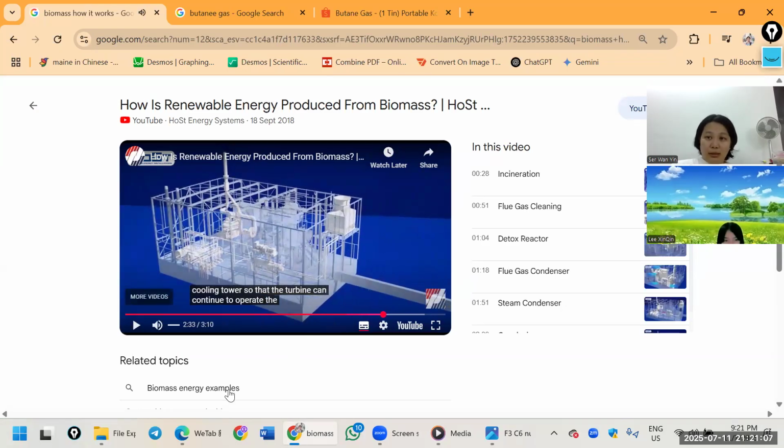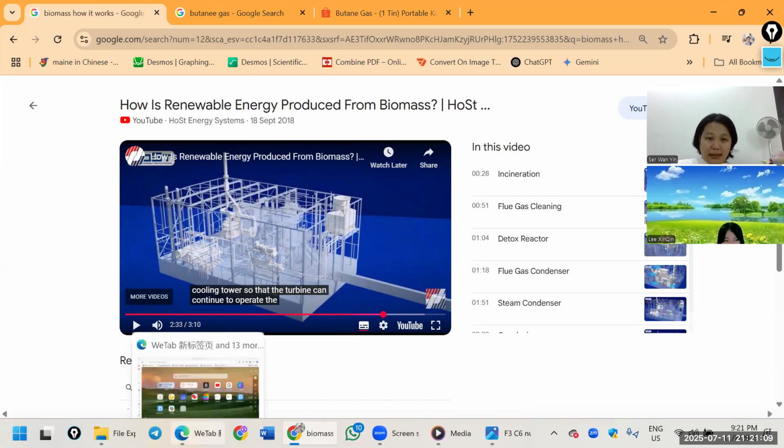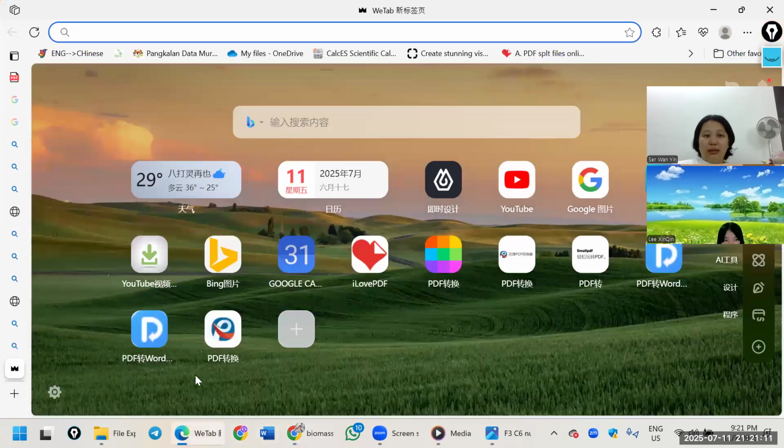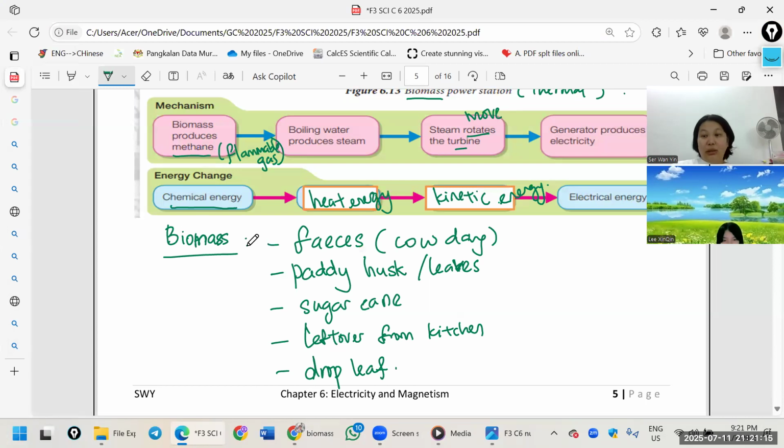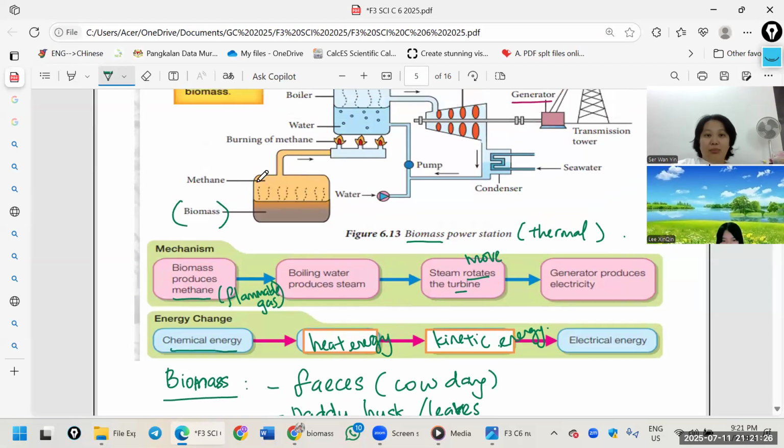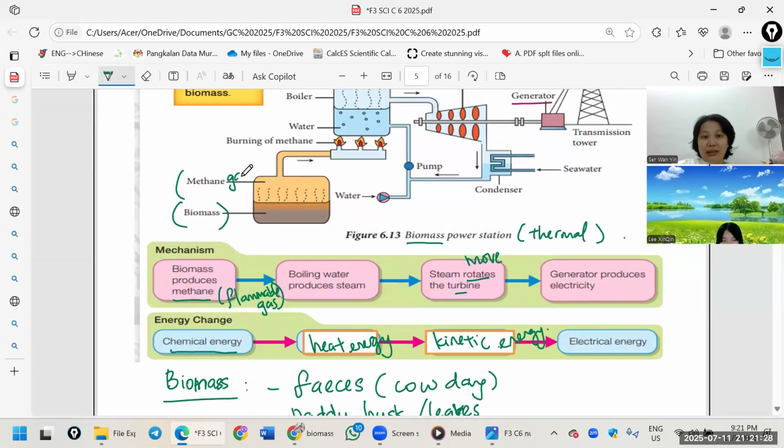Yeah, it is a complicated process. That's why I think it's hard to tell at once. You just remember biomass is using all of the waste product. By organic waste product, I mean it can be decomposed and it will produce methane gas.